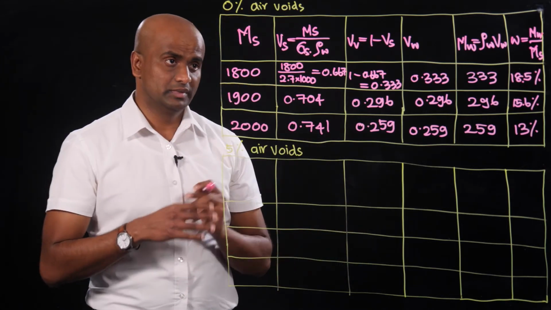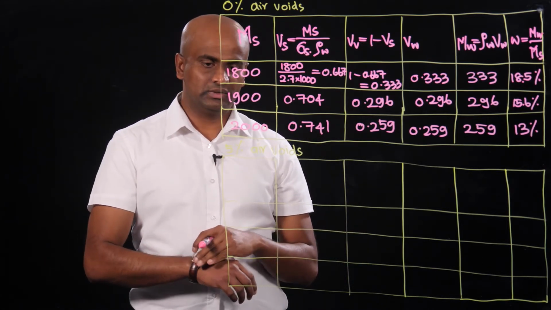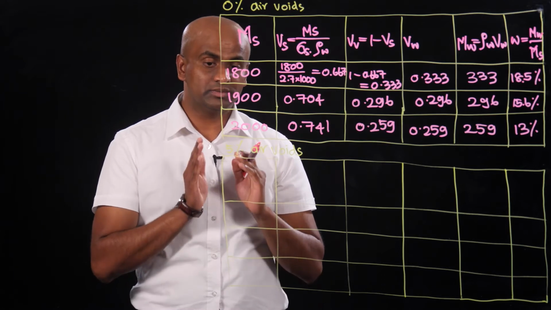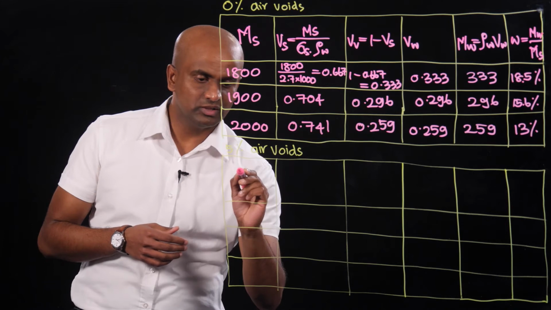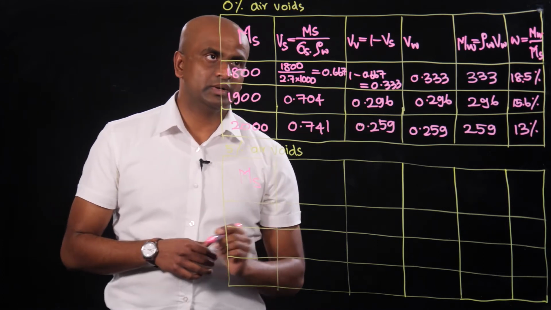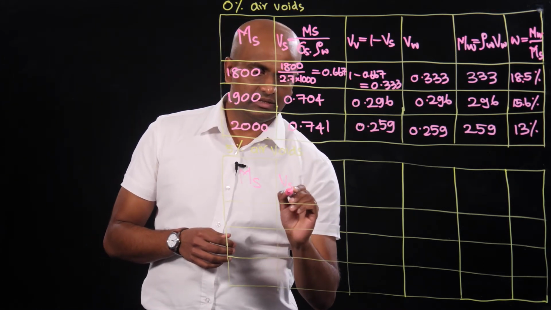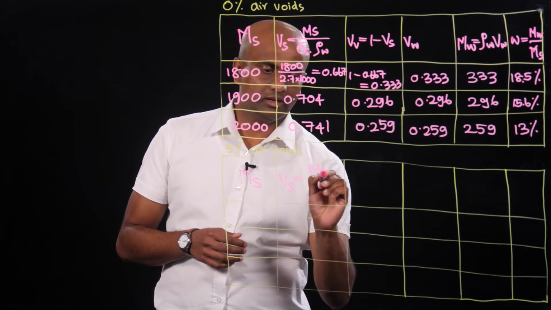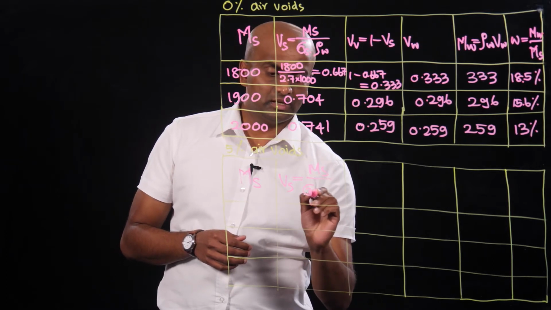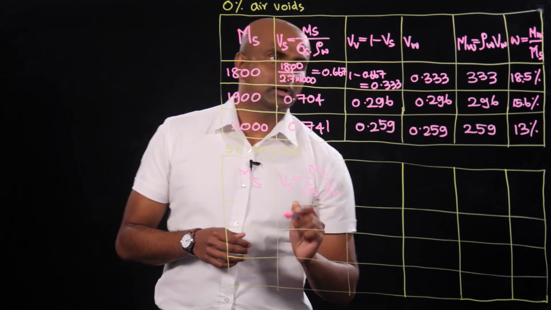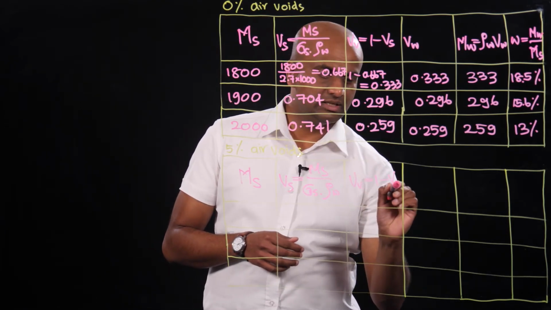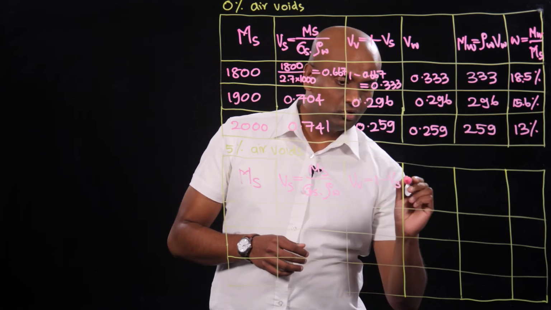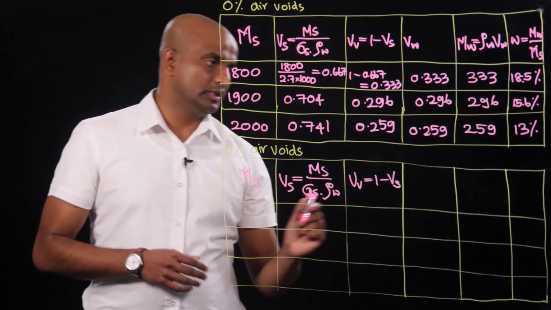Similarly, we can do the same type of calculation to draw the 5% air voids curve. We can have the same set of columns. We know the Ms values, and then Vs, which is Ms divided by Gs times rho W, and then we have the Vv, which is 1 minus Vs, because we assume a total volume of 1 cubic meter.